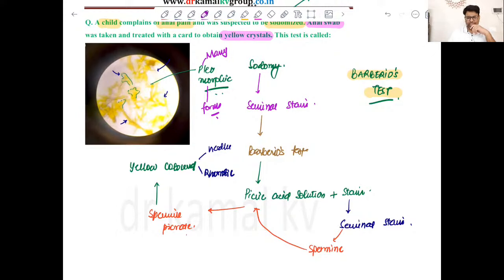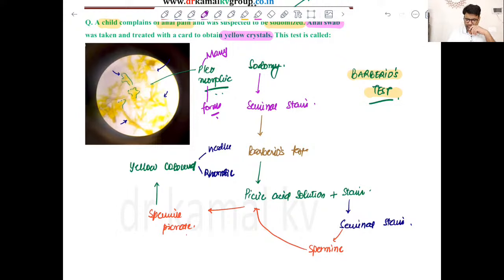So particularly in case of any anal assault, or any other case of even rape, if we are suspecting the stain to be a seminal stain, we can subject it to Barberio's test. And in relation to this question, this is the classical appearance of Barberio's test, and these crystals are formed because of spermine picrate.